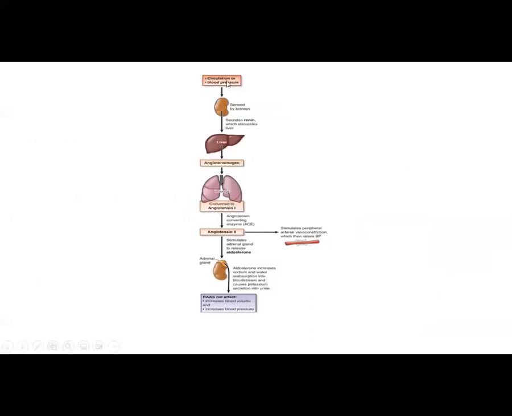I really like this picture here because it's very straightforward as to what happens in normal function. Remember how I told you before that there are 3 different ways that blood pressure is regulated within our body? This is one of them. What happens is you've got decreased circulation or decreased blood pressure, for whatever reason.